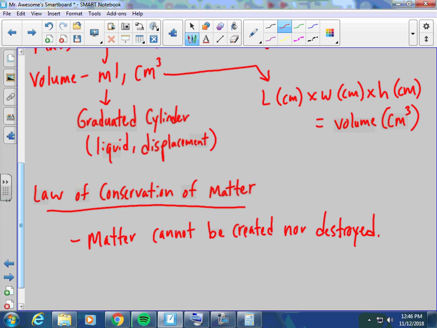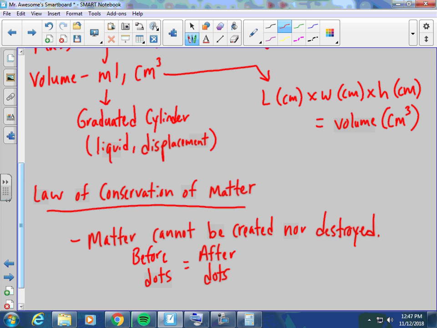So we showed our knowledge of this when we did modeling, when we did before and after pictures. So the before dots, particles, always had to equal the after dots. Okay? Before dots always equal after dots. If there was a middle or during picture in the model, that would also be equal to the other ones.